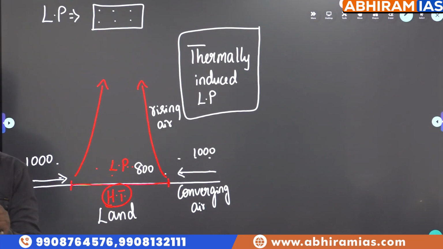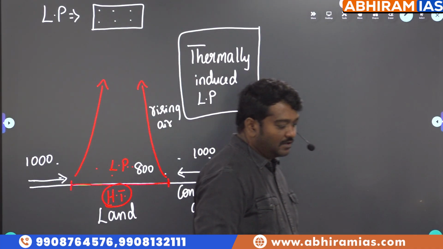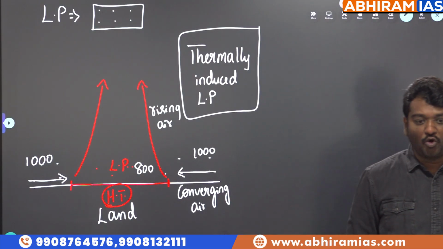Now, 2 types. You write 2 types. First one, thermally induced low pressure.